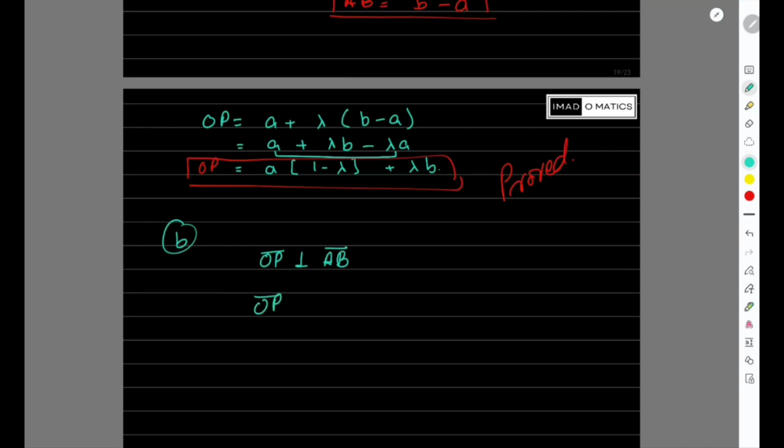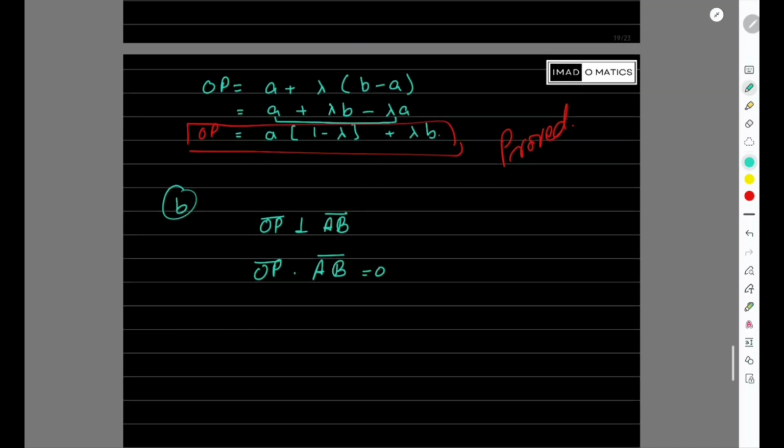Putting the values, OP is A times 1 minus lambda plus lambda B, and dot B minus A is equal to 0.